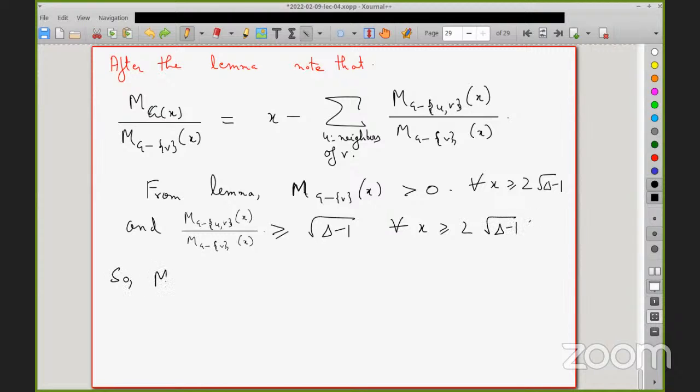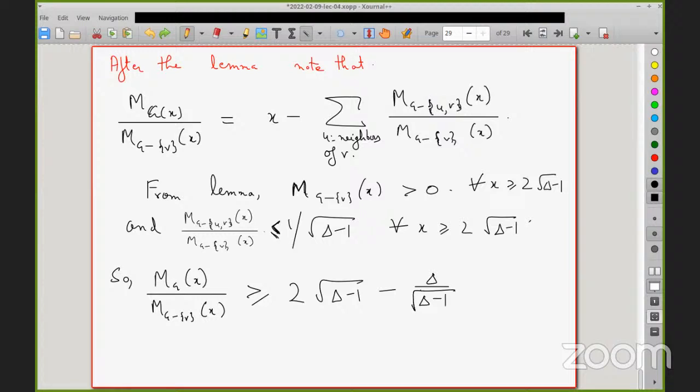So M_G(x) over M_(G minus V)(x) is greater than or equal to 2 root delta minus 1 minus, sorry, is less than 1. So delta over delta minus 1, which is 2 times delta minus 1 minus delta.